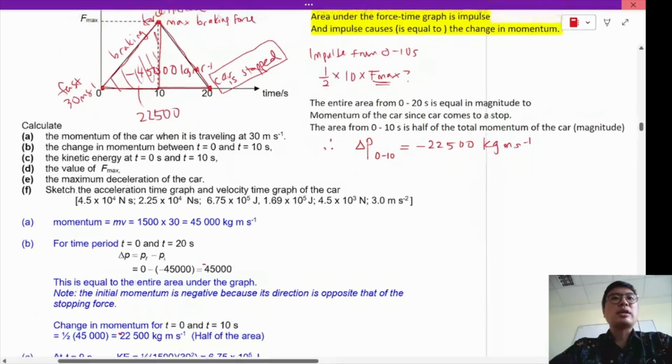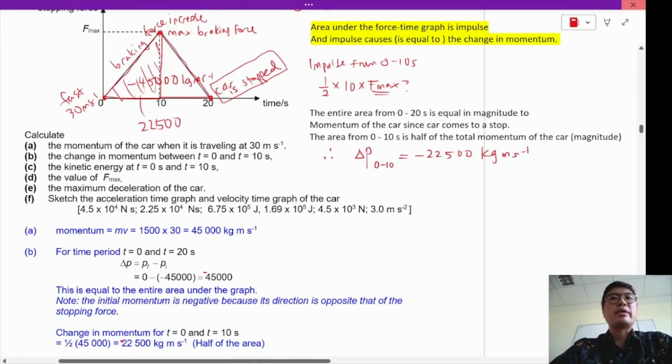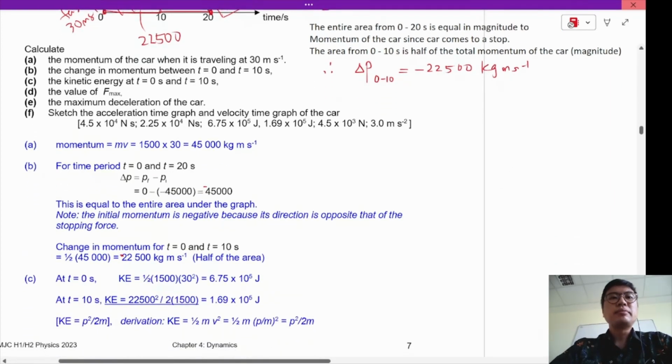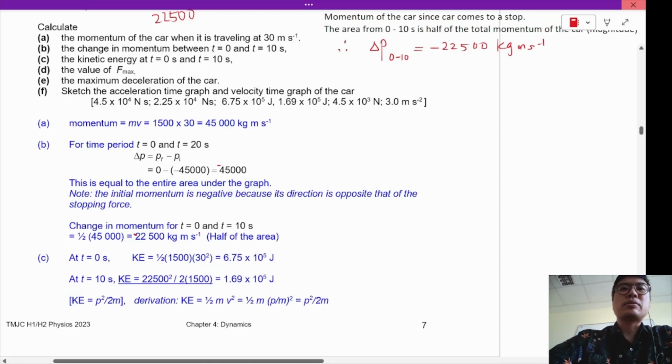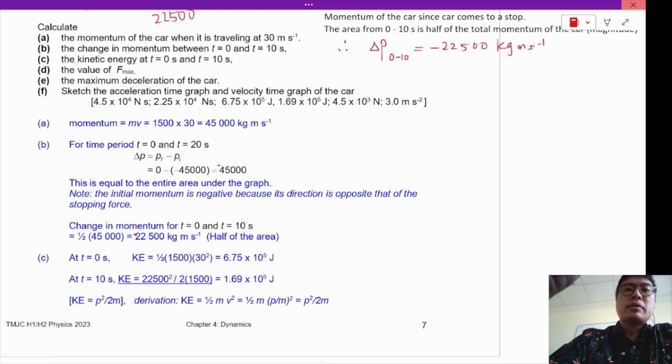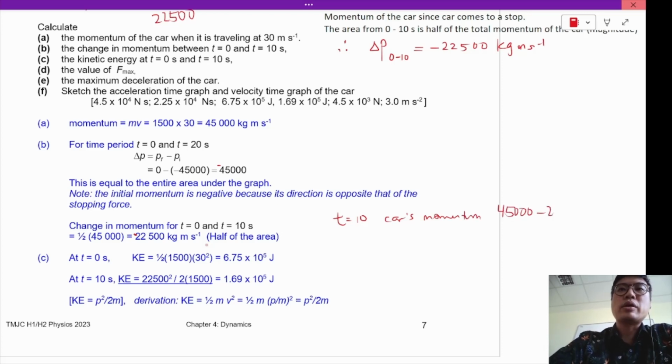Okay, what's the kinetic energy at t equals 0 and t equals 10? So we need to find out the car's speed at t equals 10. Now, at t equals 10, what is the car's velocity? The car's momentum is equal to 45,000 minus 22,500, which equals 22,500 kilogram meters per second.